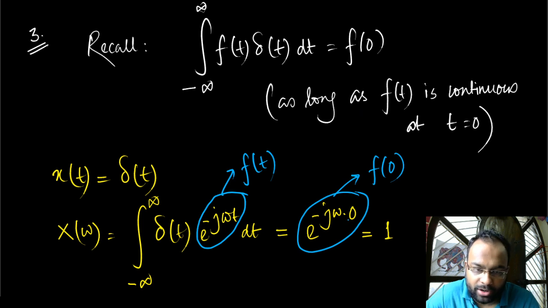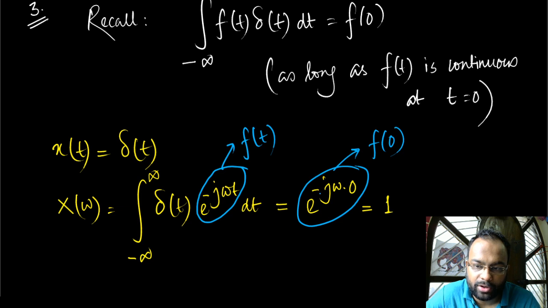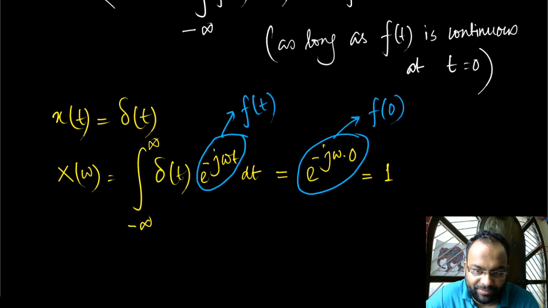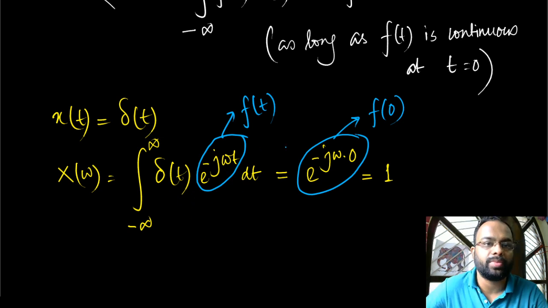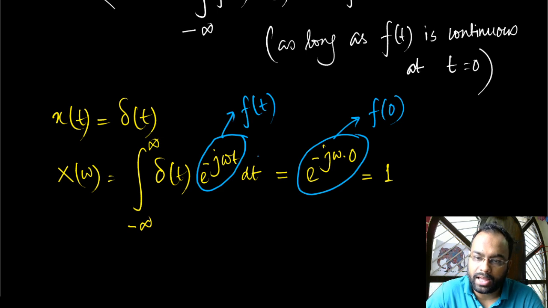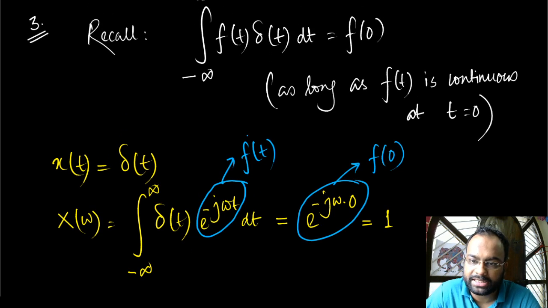And what is f(0)? This is f(t), right? In place of t I am putting 0, so I have e to the power 0, so I have 1. And this is again the definition of Fourier transform, right? X(omega) is the integration of x(t) e to the power minus j omega t dt from minus infinity to plus infinity. That's the definition of Fourier transform, right? And we are solving this particular integration by means of a property of the unit impulse signal.